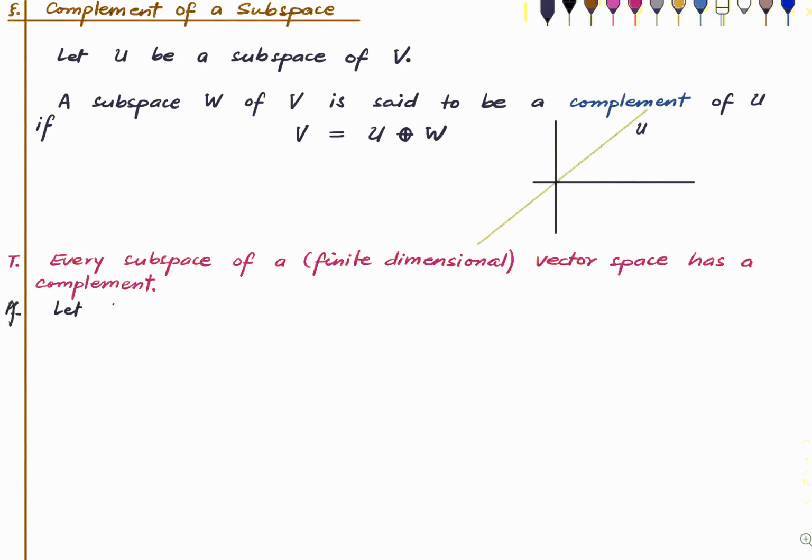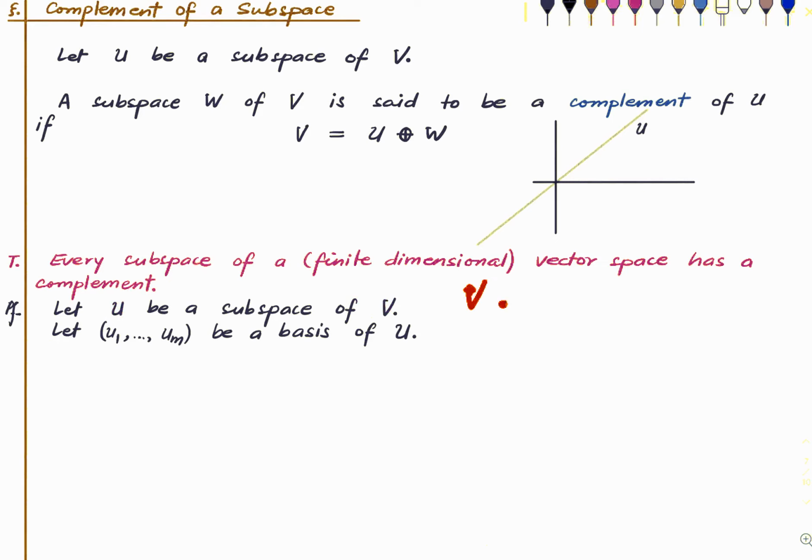So let U be a subspace of V, where again V is a finite dimensional vector space. Let U1 up to UM be a basis of U, sorry. And yeah, before I wrote that, I should say, suppose U were equal to V. If U were equal to V, one can easily find the complement of U. It is basically the trivial subspace.